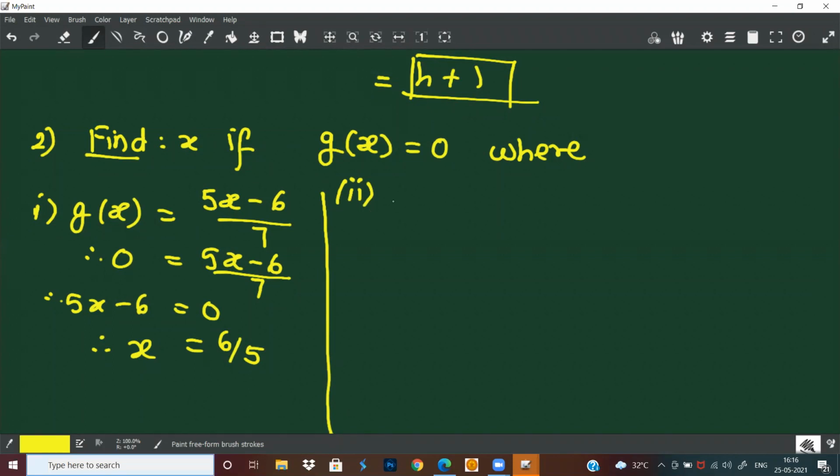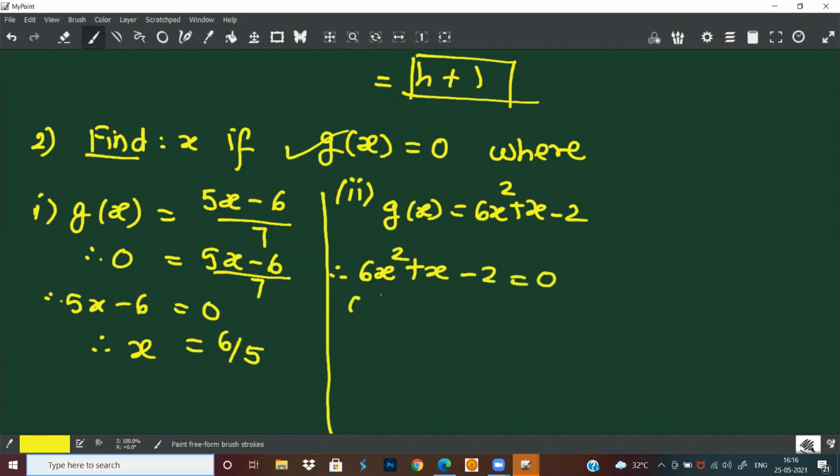अभी second case में you are given g of x is 6x square plus x minus 2. So दिया क्या है अपने को? g of x is 0. So 6x square plus x minus 2 is 0. तो factors करो. Plus 4 ना minus 3.